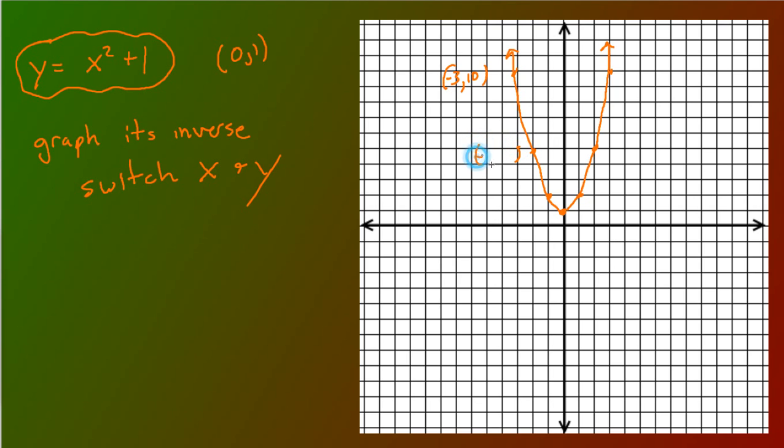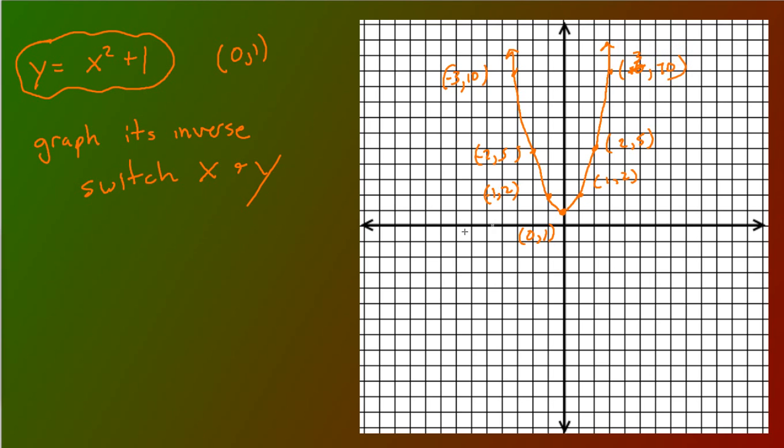This here is the point -2, 5. This here is the point -1, 2. This is the point 0, 1. This is the point 1, 2. This is the point 2, 5. And this is the point 3, 10.